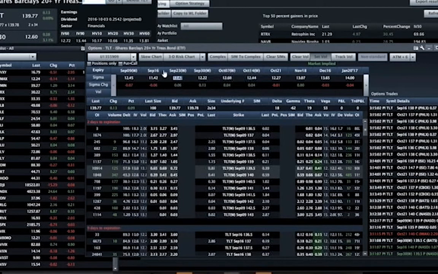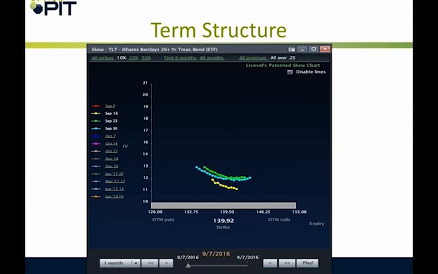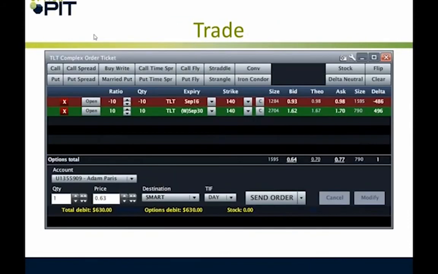So I'll sell September and I'll buy relatively inexpensive volatility at the SEP 30 or OCC. In this case, I'm doing September 30. So the trade I came up with, in this case, was the September 30 long calendar, paying 70 or 71.